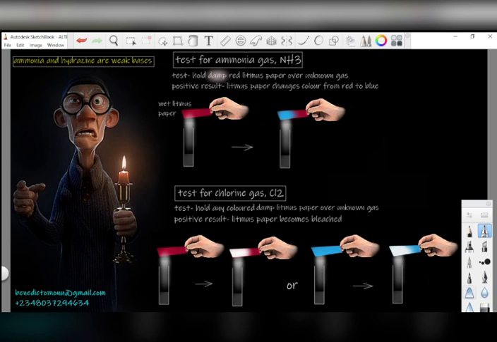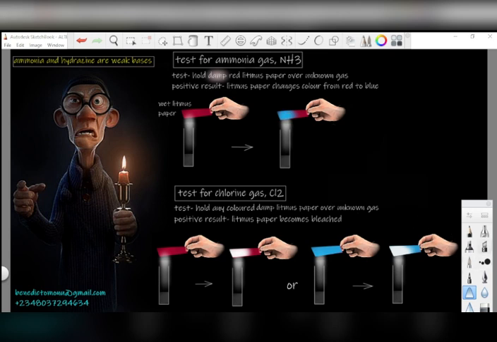You do that by holding it over running water. And the reason is that you want the gas to actually dissolve in the water to show its character, if it's an acid or a base. Now, the positive result here is that a red litmus paper that is dampened and held over the unknown gas will turn blue because ammonia is basic.